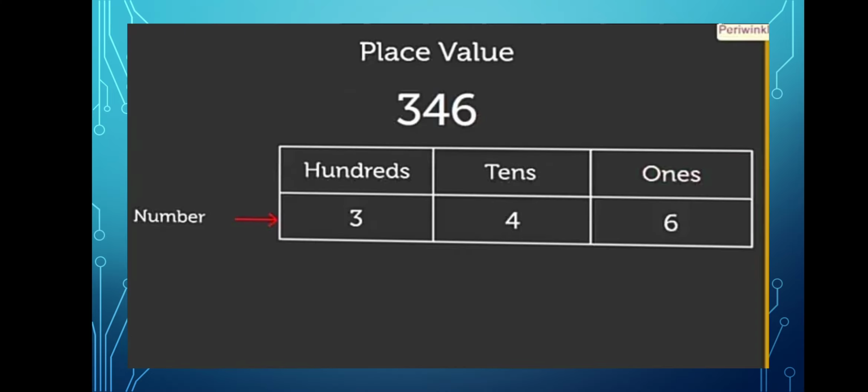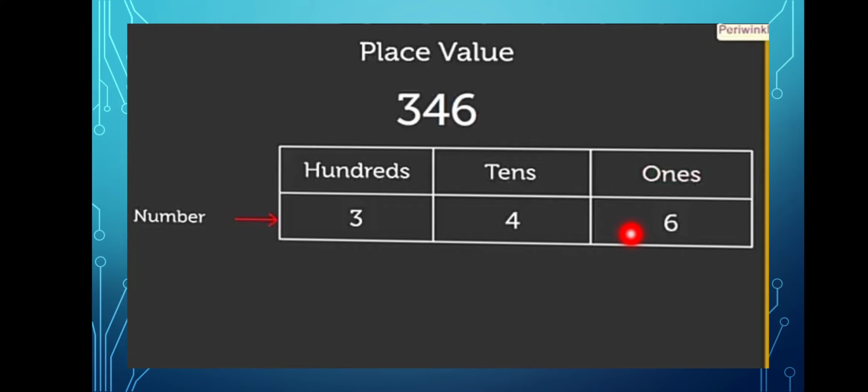Now we will take one example. We have a number 346. Now we will write this number in the place value chart as number 3 in the hundreds column, number 4 in the tens column, and number 6 in the ones column.